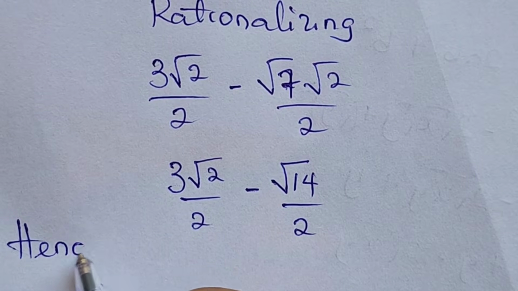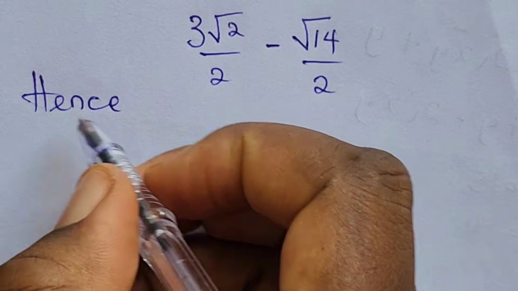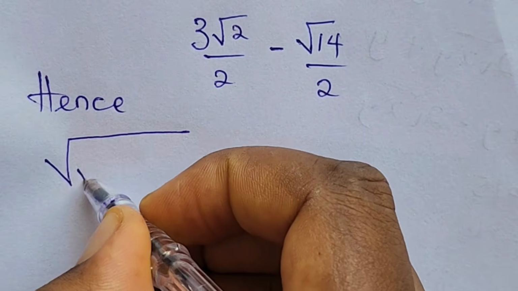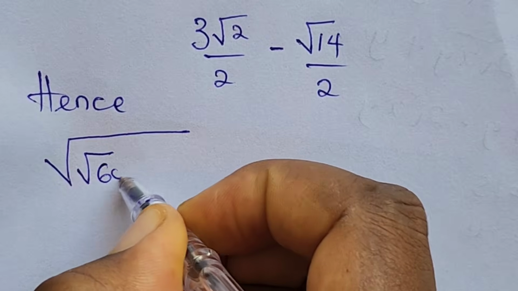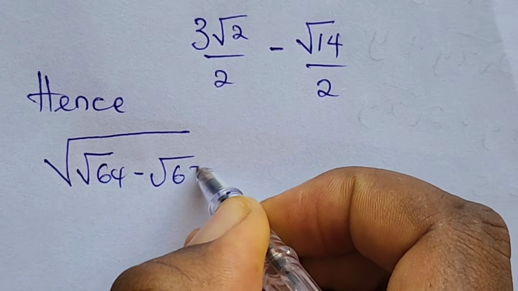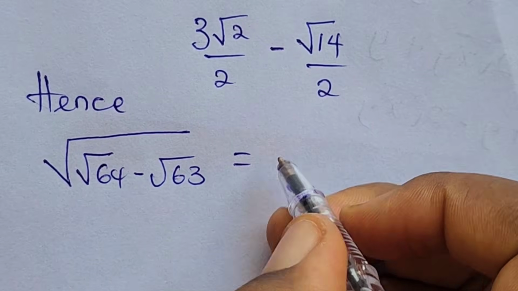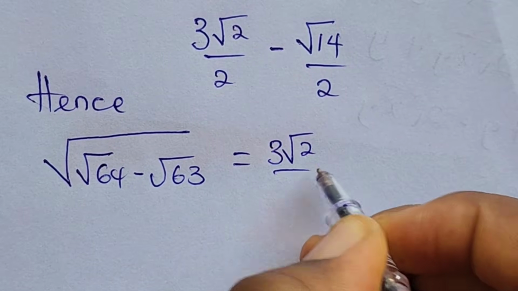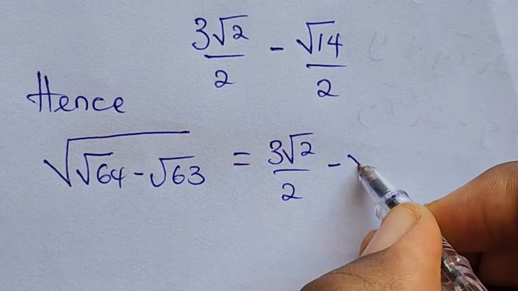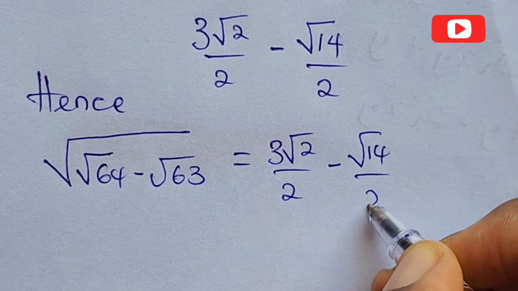Hence we conclude that our square root of root 64 minus root 63 is equal to 3 root 2 over 2 minus root 14 over 2.